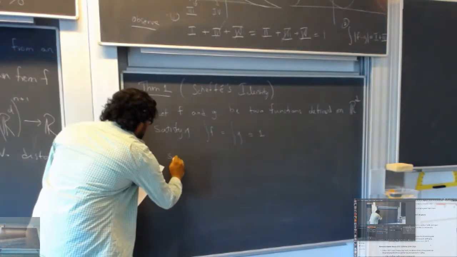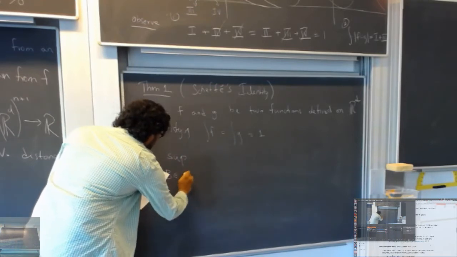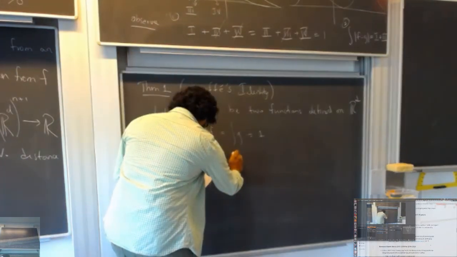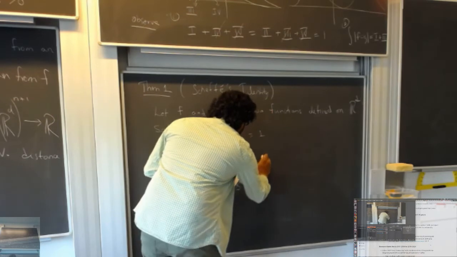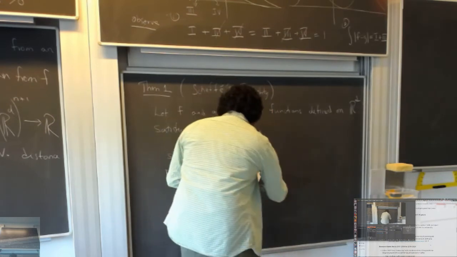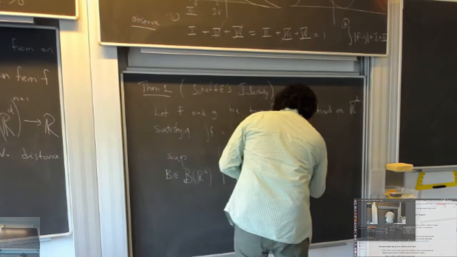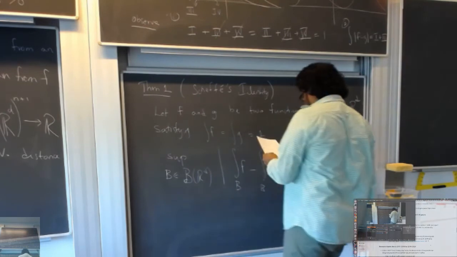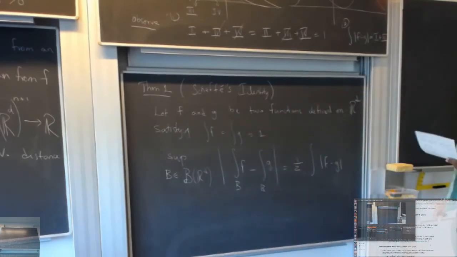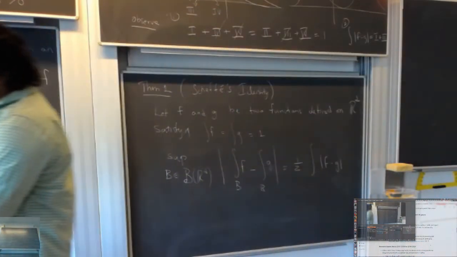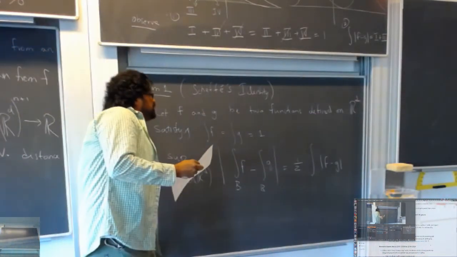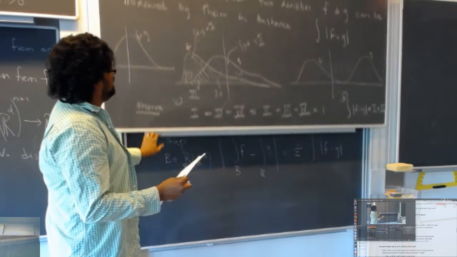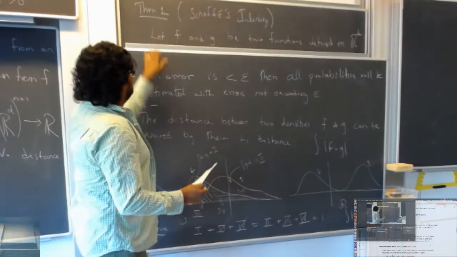And then the supremum over all Borel sets B in R^d of the absolute value of the integral of f over B minus the integral of g over B is simply 1/2 of the integral of the absolute value of f minus g. That's just a consequence of these observations. So here's the proof. Boy, this is hard to write. Sorry, to write on this.